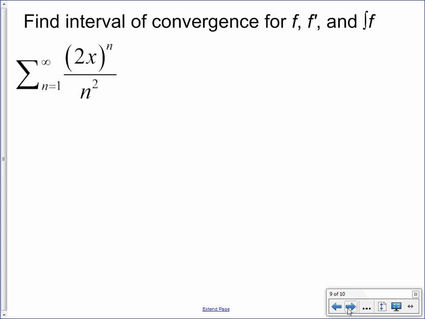You wouldn't have to do the ratio test for the antiderivative. Is it the same for all derivatives of f? Right, if you have a power series f and you find its radius of convergence, then f's derivative will have the same radius of convergence.